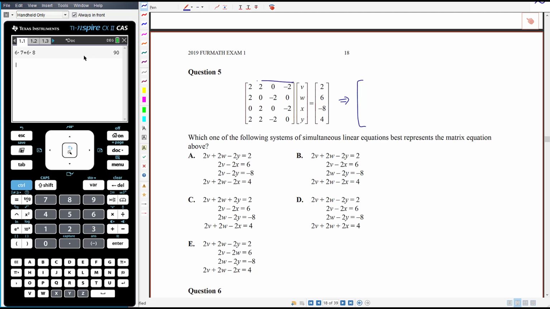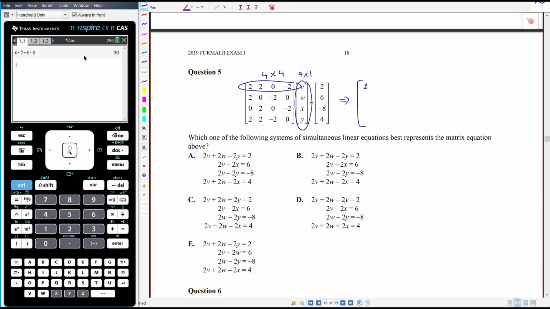So if we do this multiplication, it's a 4 by 4 matrix multiplied by a 4 by 1 matrix, so we're going to get a 4 by 1 matrix. The top number in the answer comes from the top row times the only column.